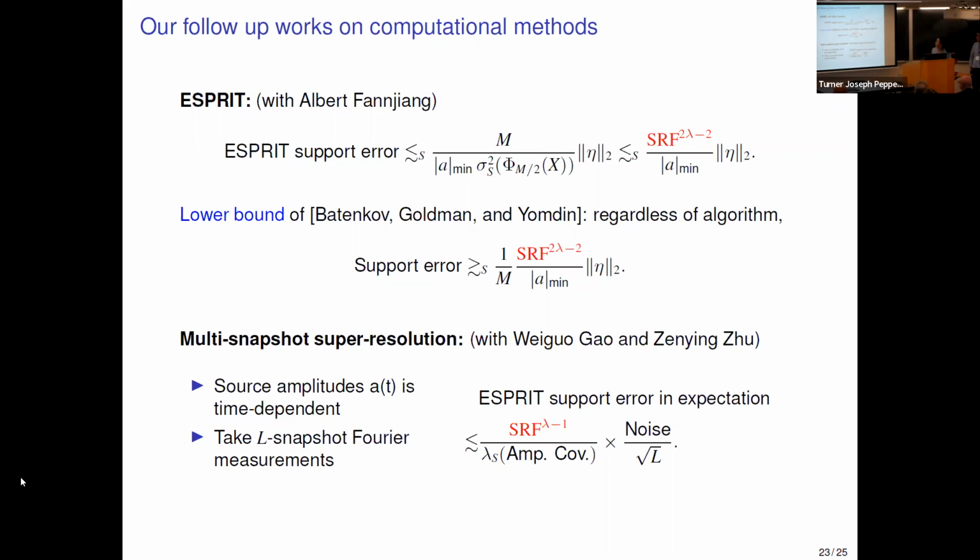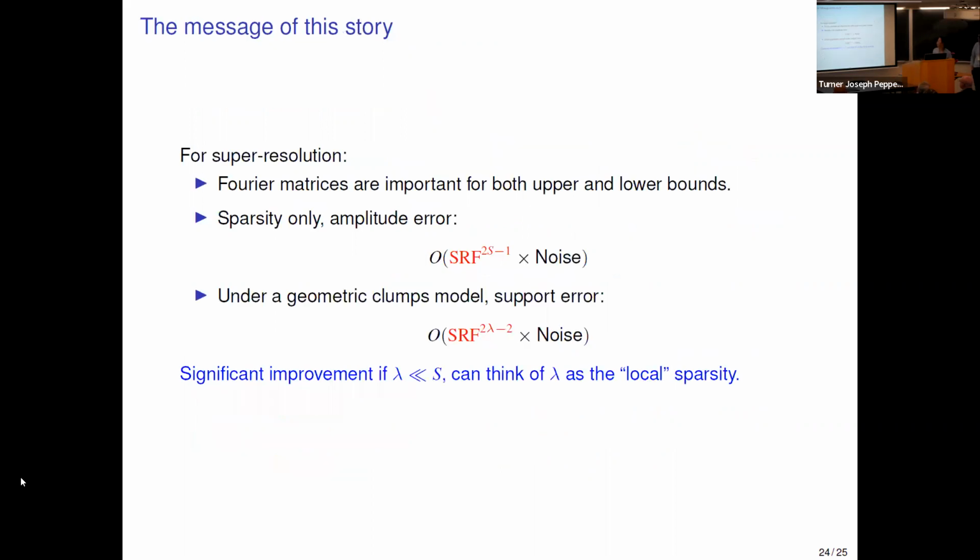Finally, we summarize our work: we study super resolution with the sparsity information. We proved the minimax error, which is a little bit pessimistic when the sparsity is large. But what really matters is the local sparsity, how complex the point sources are in a local neighborhood.